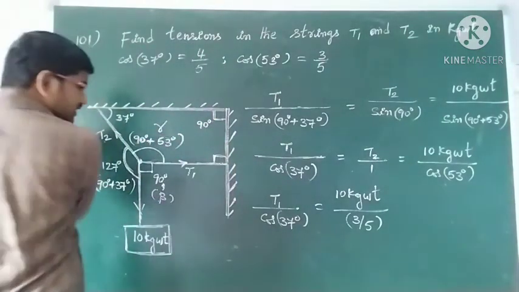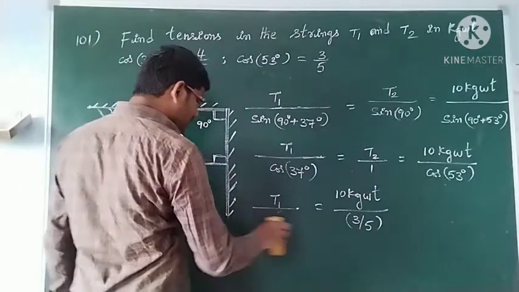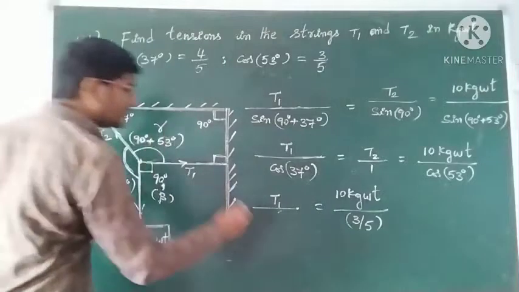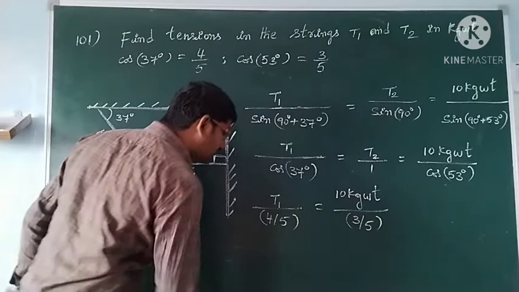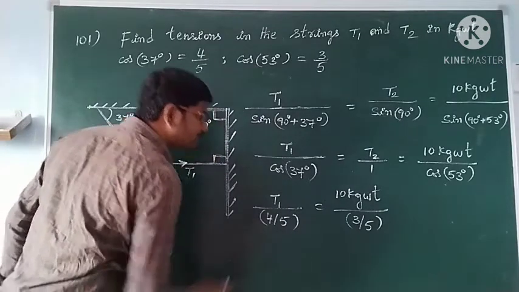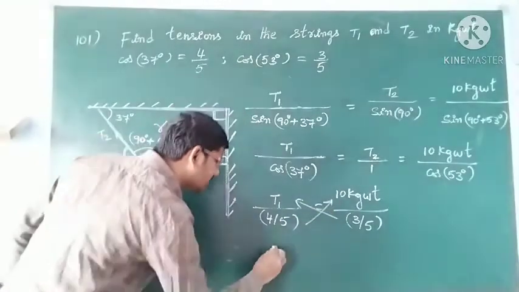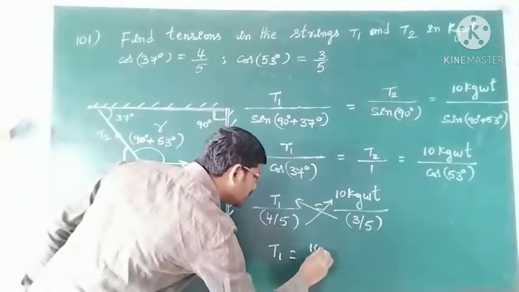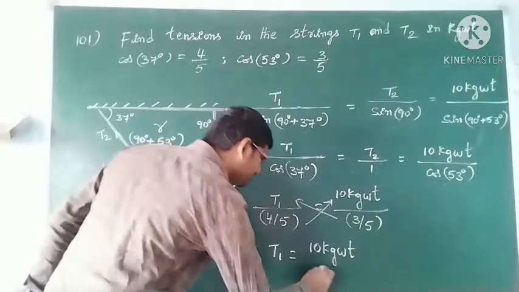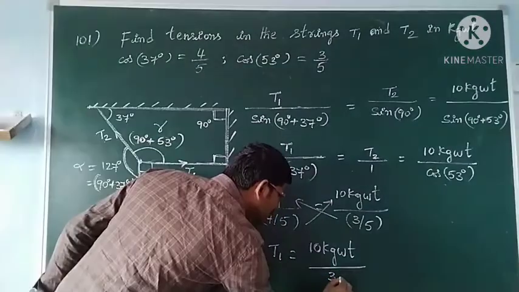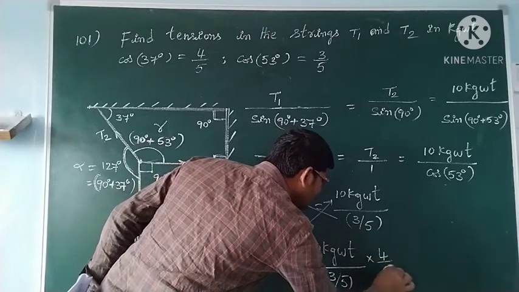Okay students, you see here, cos 37 degrees value we can also write here as 4 by 5, and that is 3 by 5. Then do cross multiplication. So T1 is equal to 10 kilogram weight by 3 by 5 here and 4 by 5 here.